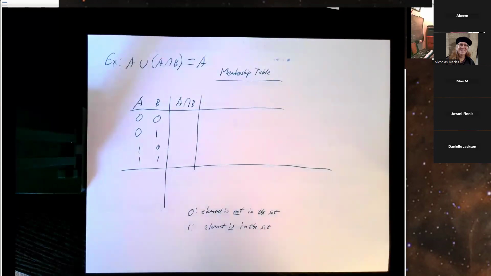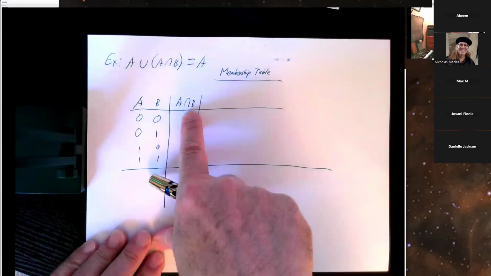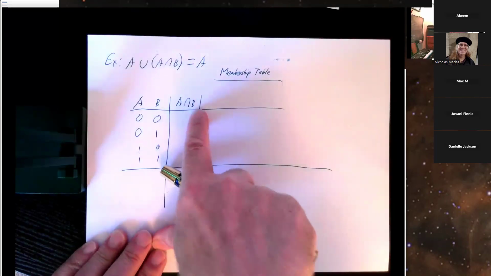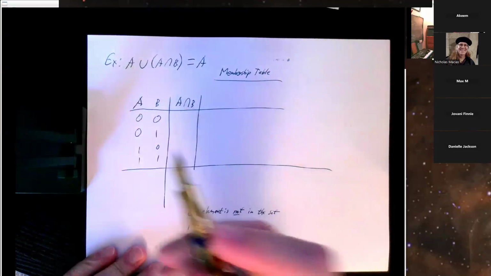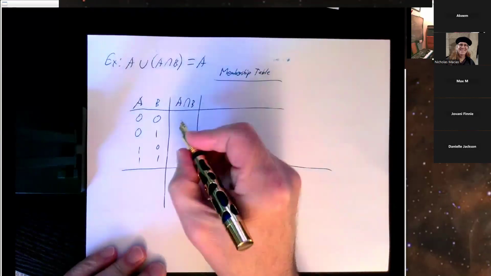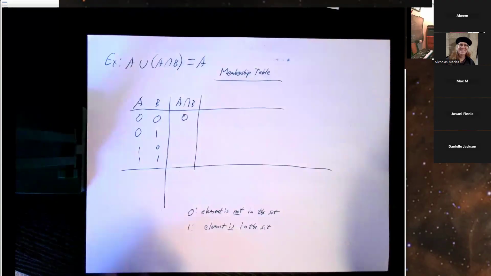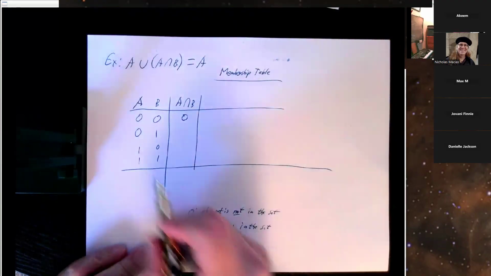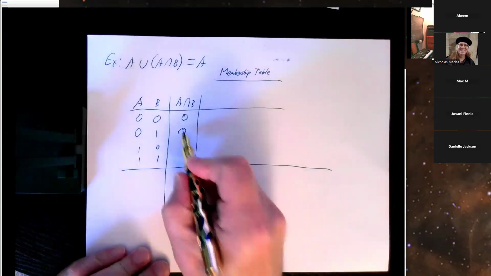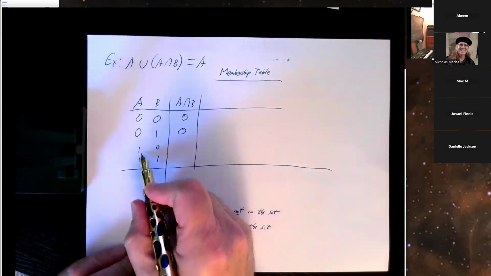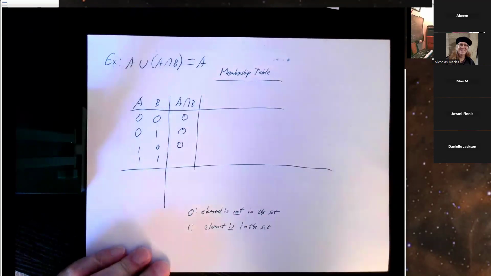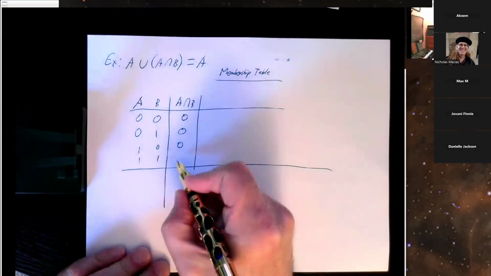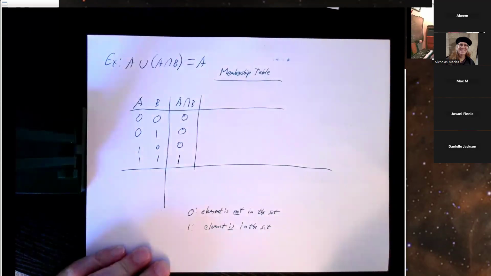Thank you. If something is in the intersection, it's got to be in A and it's got to be in B. So if I pick an element that's not in A or not in B, it's not in the intersection. If I pick something in B but not in A, that's not in the intersection. If I pick something in A, not in B, it's not in the intersection. But if the element I picked was in both A and B, then it's definitely in the intersection.